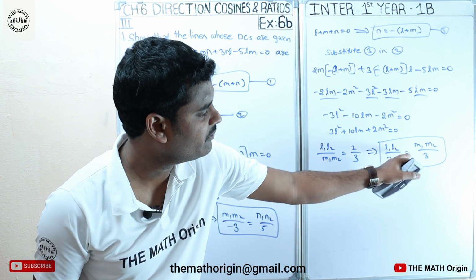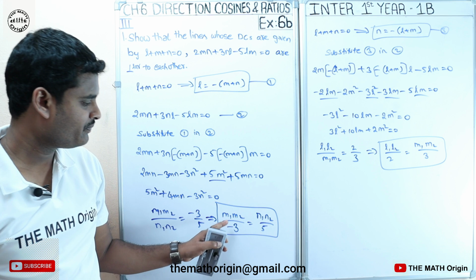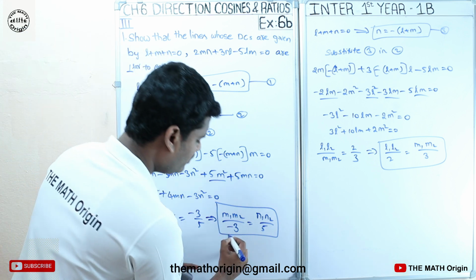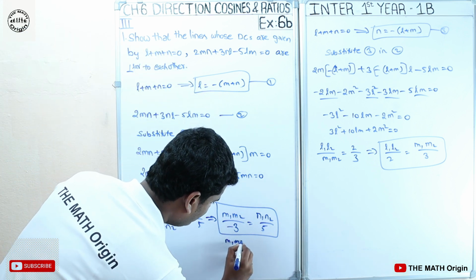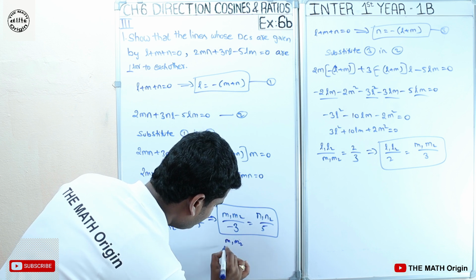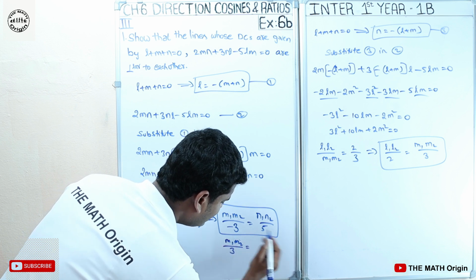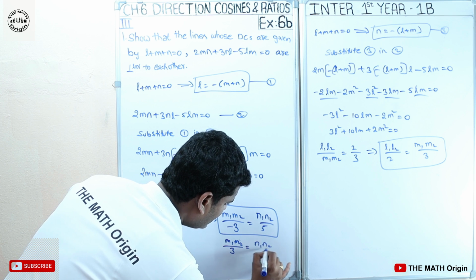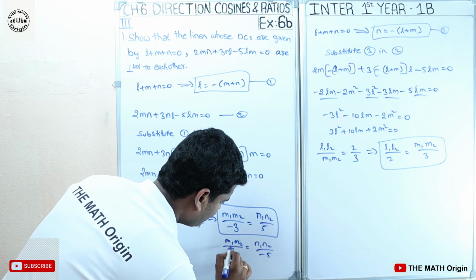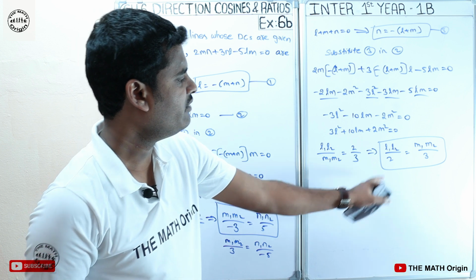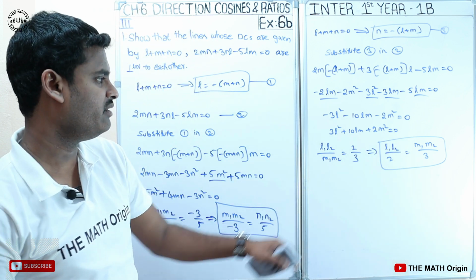Here, if you see, m1 m2 by 3 is here, and m1 m2 by minus 3 here. So what I will do here: m1 m2 by 3 equals, I will send the minus to the other side, n1 n2 by minus 5. Now if you see, for L1, m1, n1, we have all values.